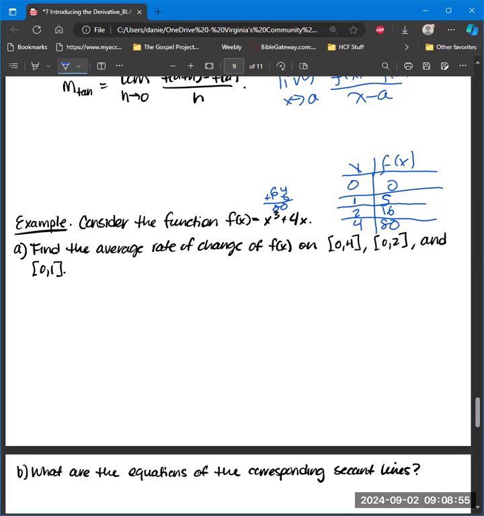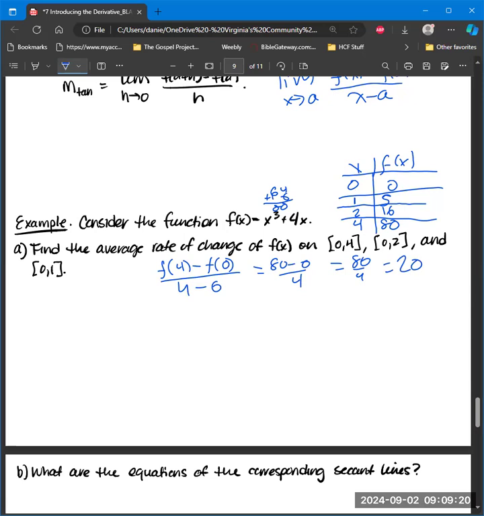So we're going to need our average rate of change. First part, f of 4 minus f of 0 over 4 minus 0 is going to be 80 minus 0 over 4, which is 80 over 4, which is 20.